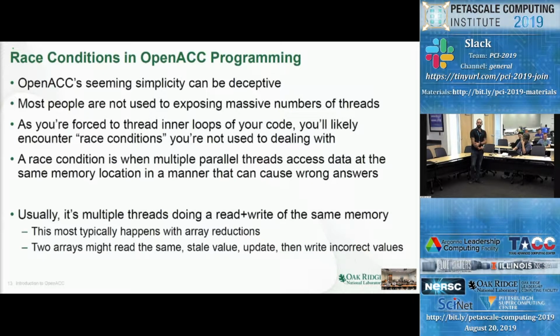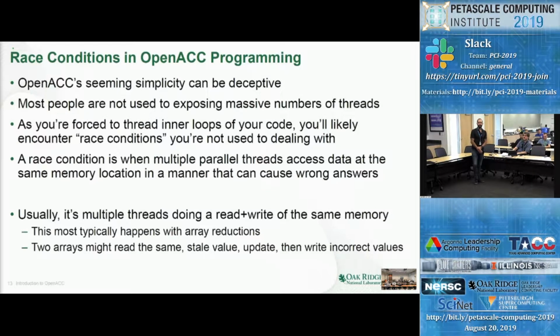A race condition, which has probably already been covered, is when multiple threads running in parallel access the same memory location in a manner that can cause wrong answers. The most common example of this, at least in most science codes that I have seen, is when you have reductions over an array.